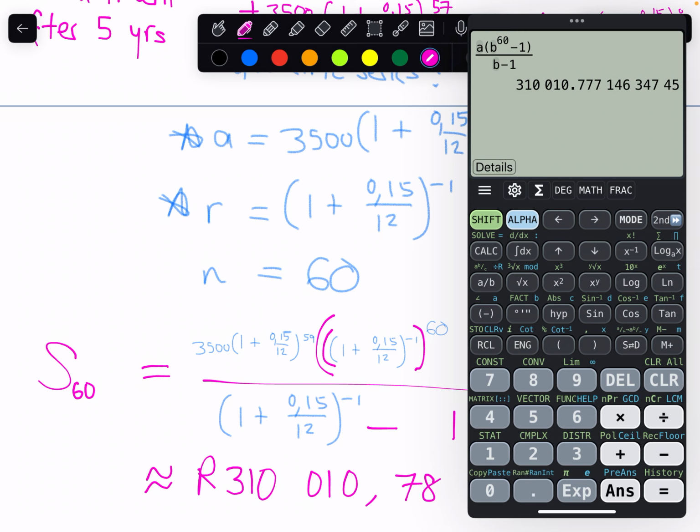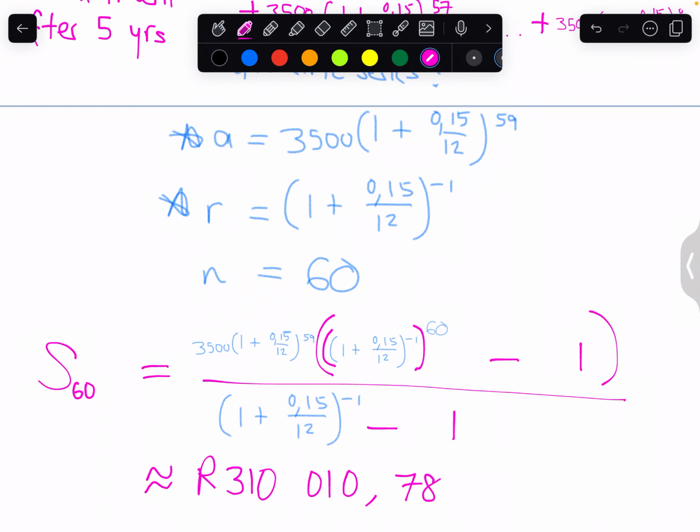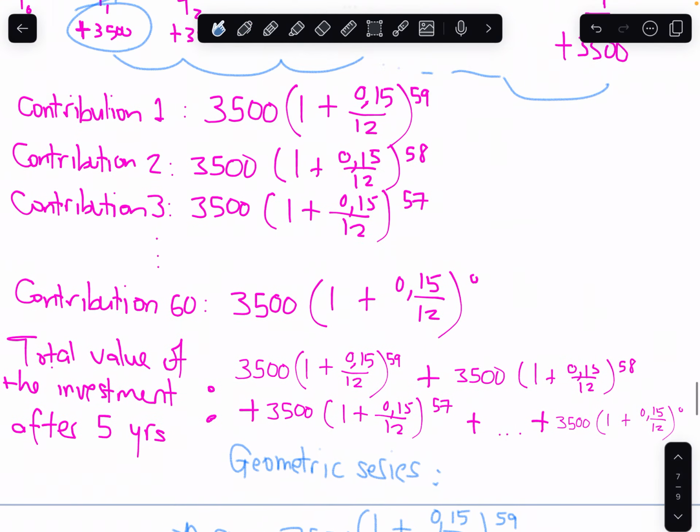It's going to give us 310,010 rand and 78 cents, and that's what we're going to take. Then we're going to get more money from investment number 2, and those are the numbers we'd add together, not the unrounded ones. That was a long justification for something that maybe isn't that deep.